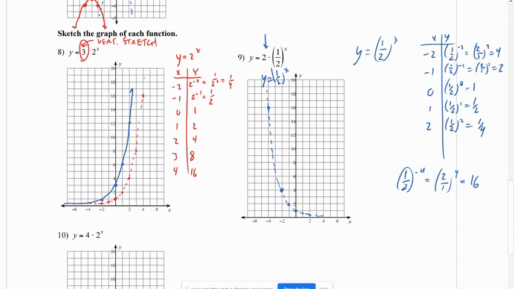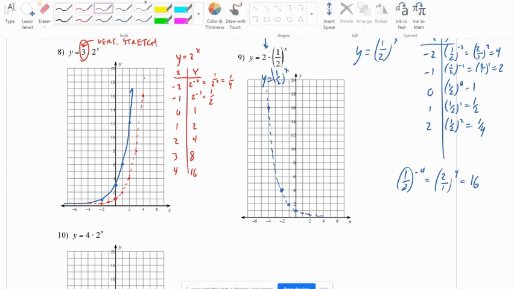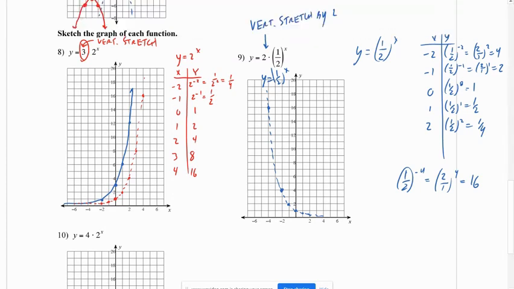And now the 2 in front, all that's going to do is vertically stretch it by 2. So that means we can take the y values of all of these points and double them. And so if I take this point here and double the y value, it moves to 8.